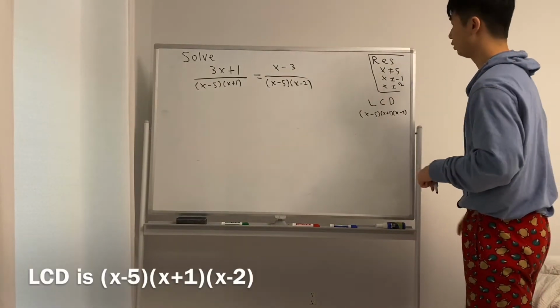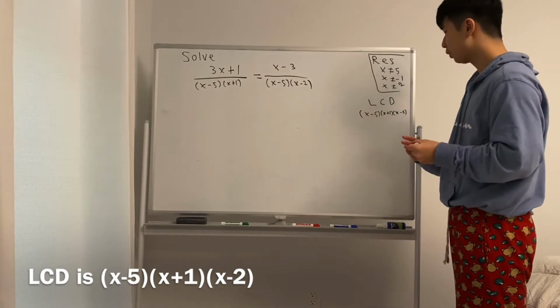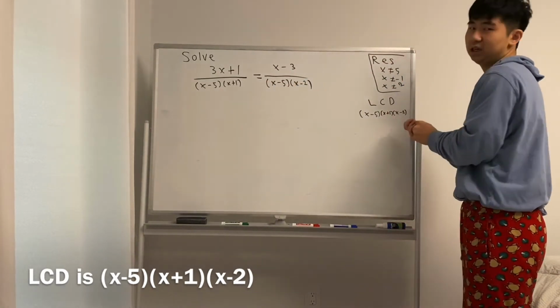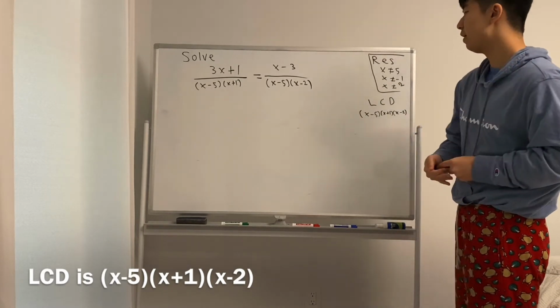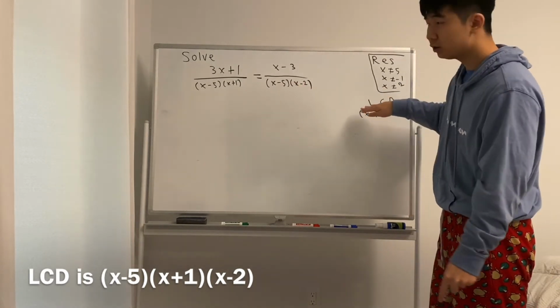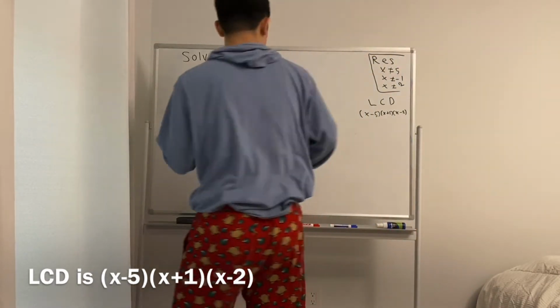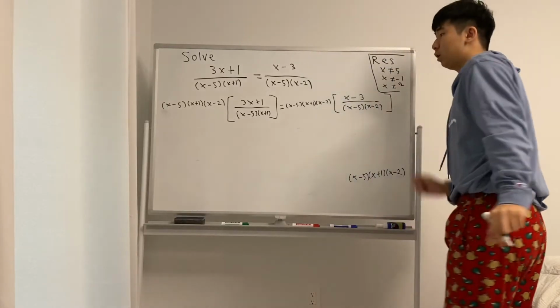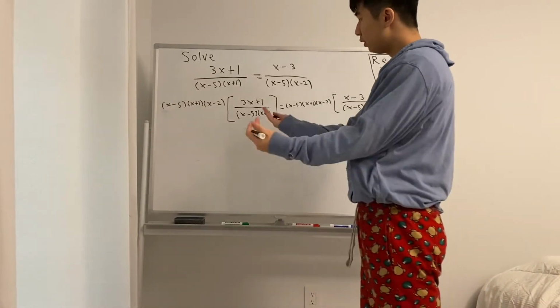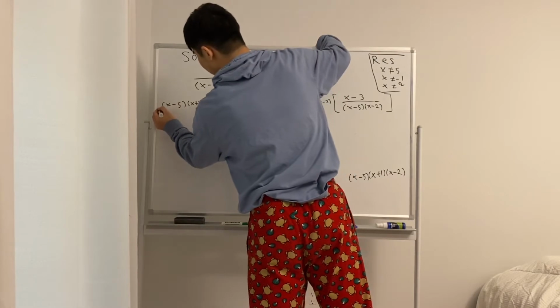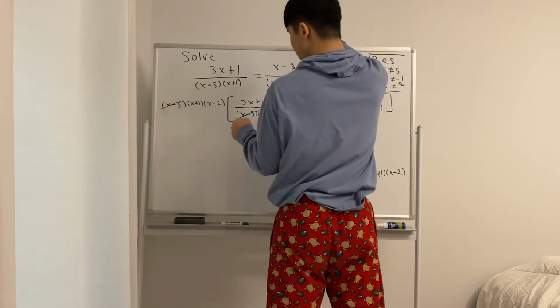So now what we're going to do is I'm going to multiply all these terms by this lowest common denominator. And the point of doing that is to get rid of the denominators, and then I'll just solve for the variable x. So that's going to look like this. Okay, so now it's very simple. We just have to get rid of the denominators. So we can just cancel the x minus 5 out here.